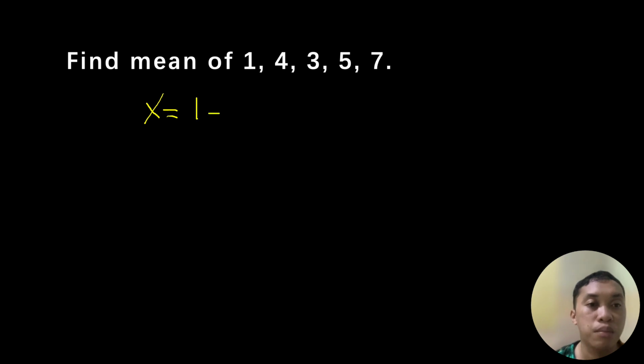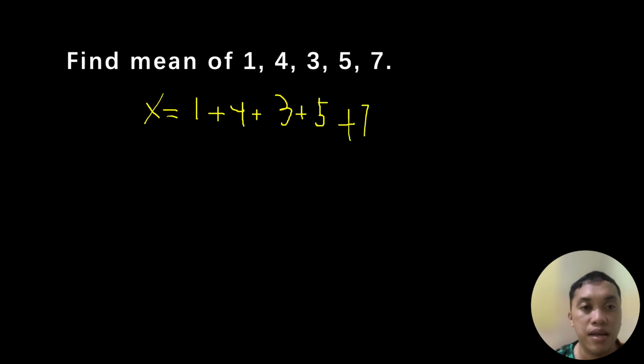So we have 1 plus 4 plus 3 plus 5 here, and plus 7, divided by how many samples do we have? So we have 1, 2, 3, 4, 5. So we have 5 samples here.